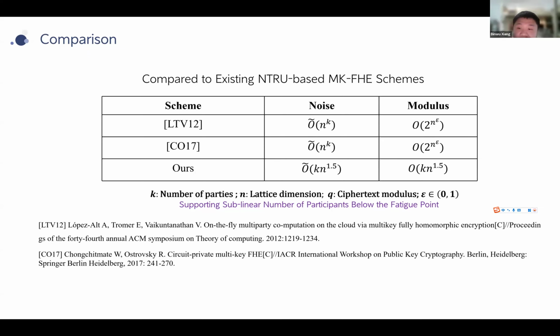When the parties go beyond 2, the modulus size in these schemes will go beyond the feasibility point. In contrast, our schemes use a much more efficient approach with a modulus size of q equal to O(k) times n to the 1.5. Thus, we can choose k equal to n to the 1.9, and our parties can also go beyond the feasibility point.